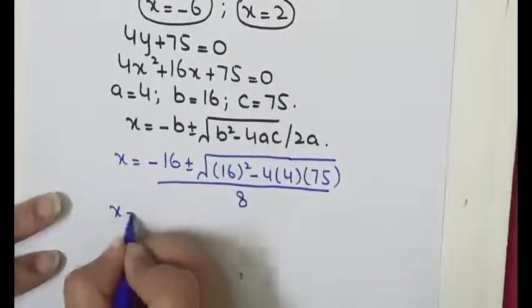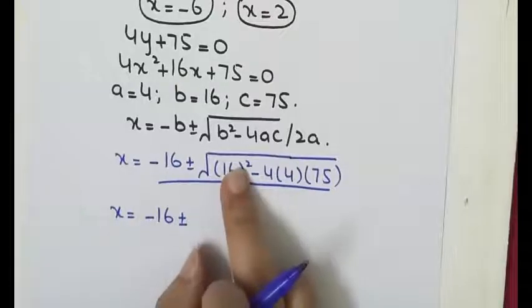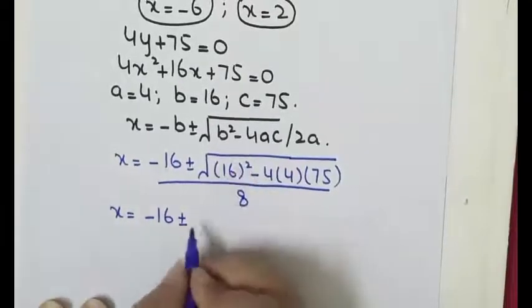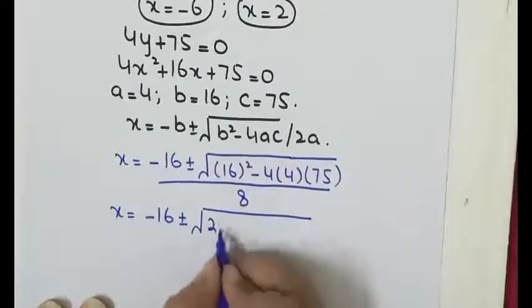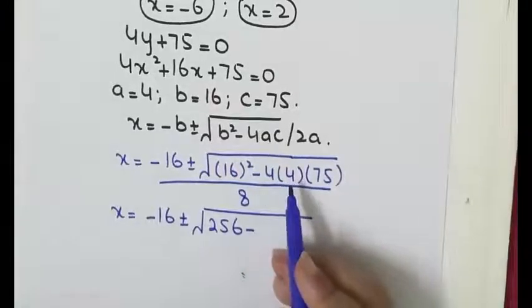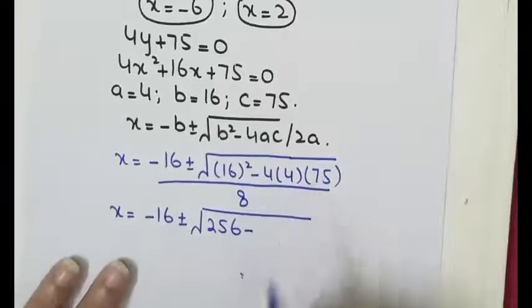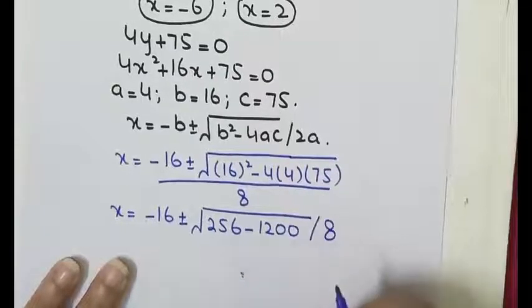So x is equal to minus 16 plus minus the square of 16 is 256, minus 4 times 16 is 16, and 16 75 times is 1200, divided by 8.